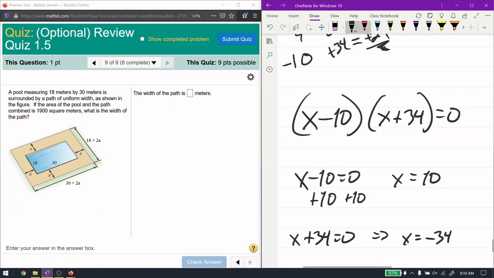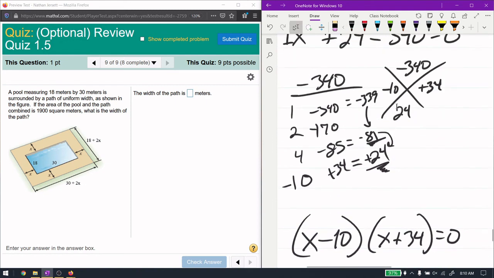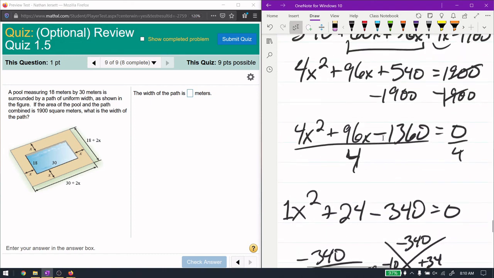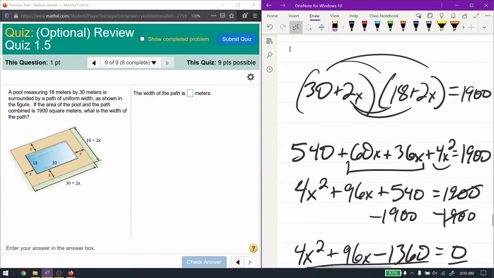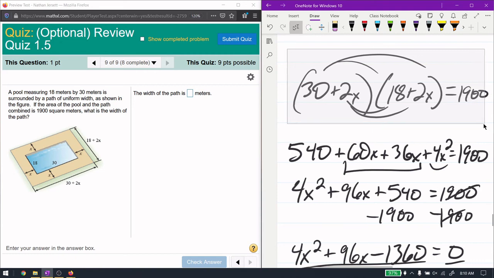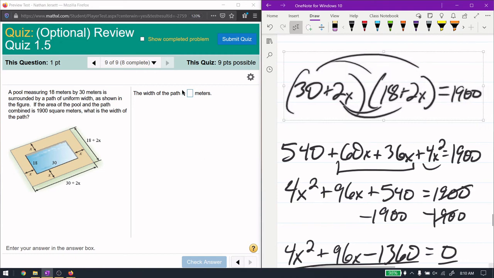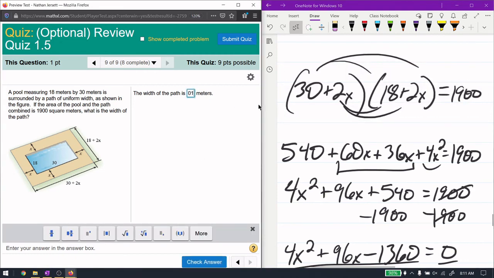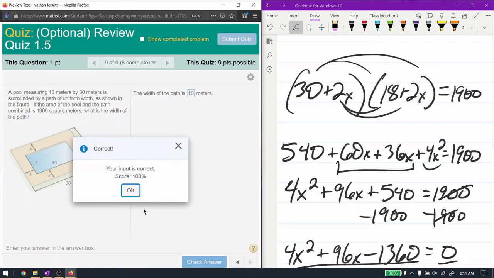We can immediately exclude that one because distances can never be negative. So x equals 10. If you were to plug 10 into the original problem right here, you'll see that it will in fact give you an area of 1900. Again, let's check it. And that's correct.